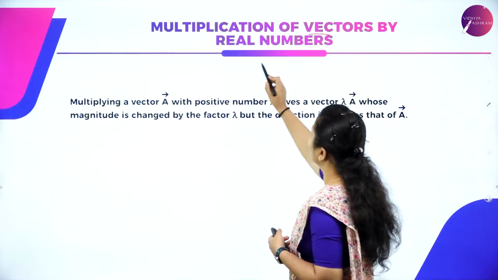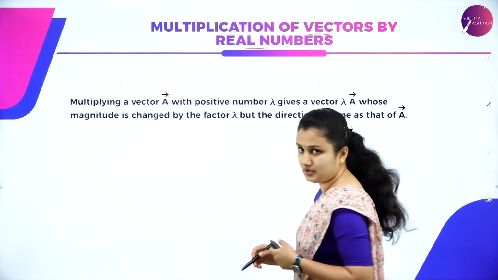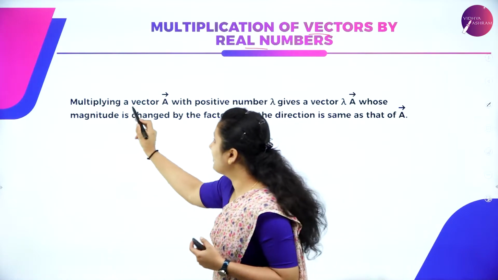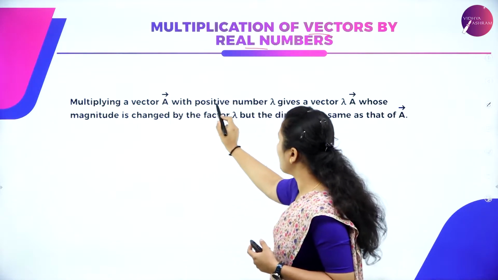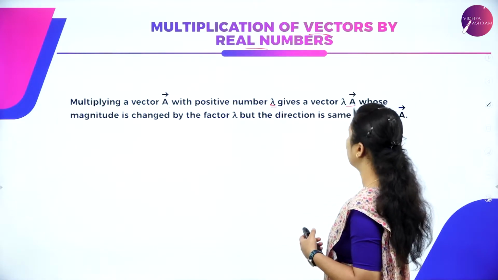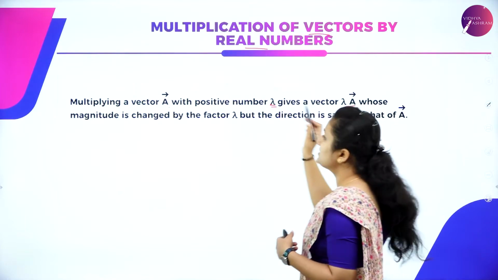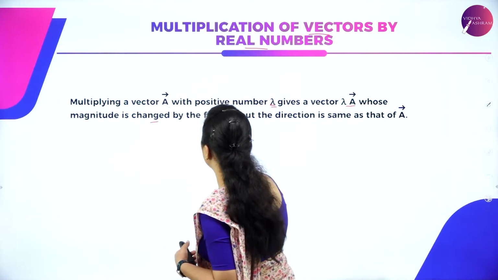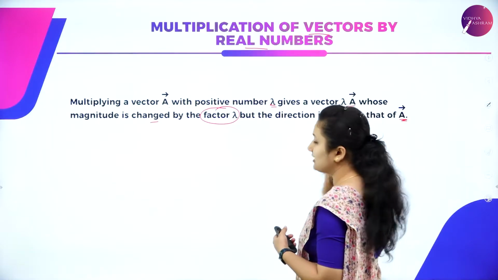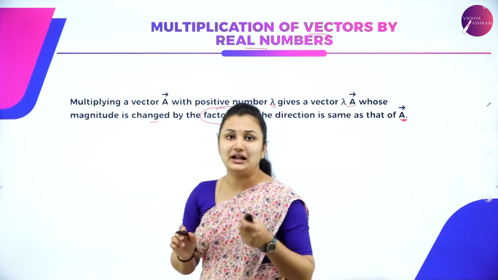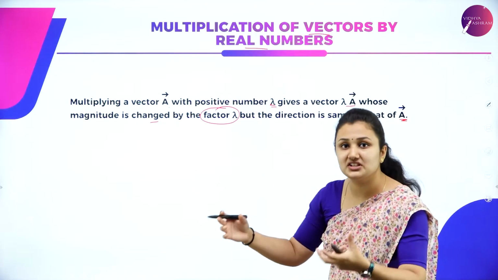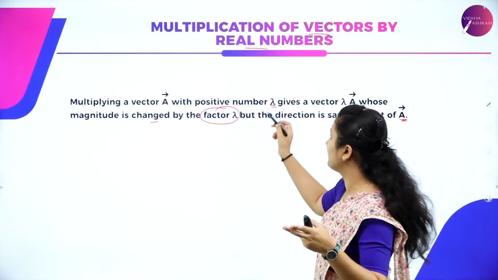Multiplication of vector using real numbers. So what is this multiplication of vector? Multiplying a vector A with a positive number lambda gives a vector lambda A whose magnitude is changed by the factor lambda, but the direction remains same as that of A. So you're multiplying vector A with some positive number lambda.